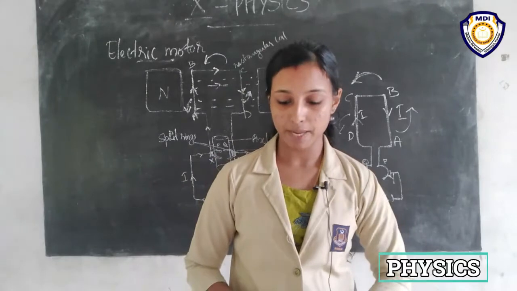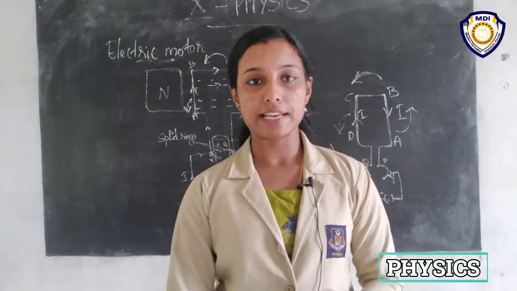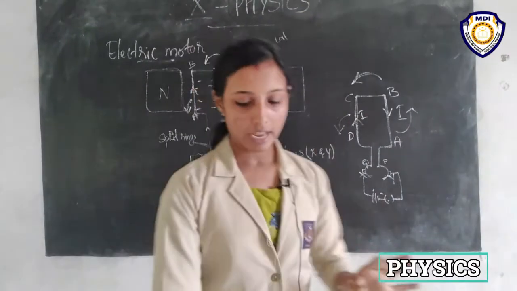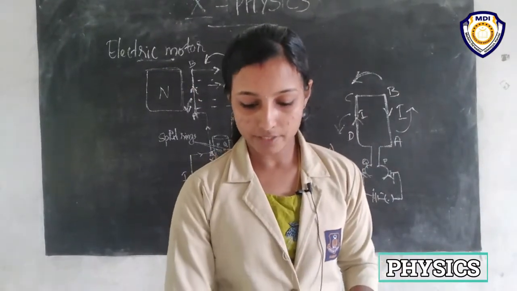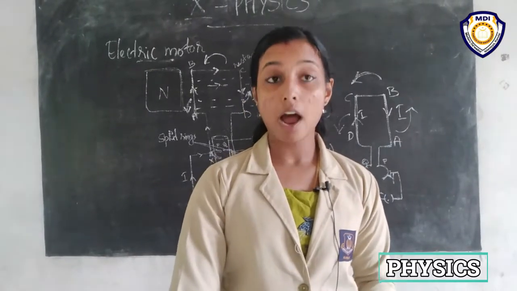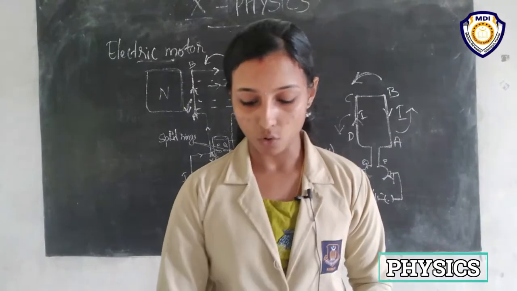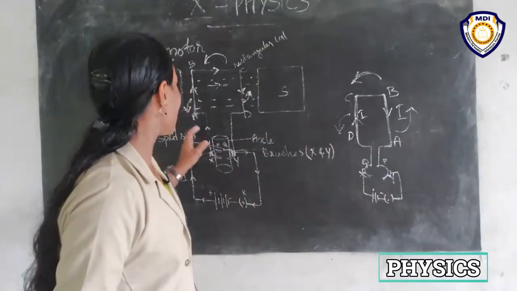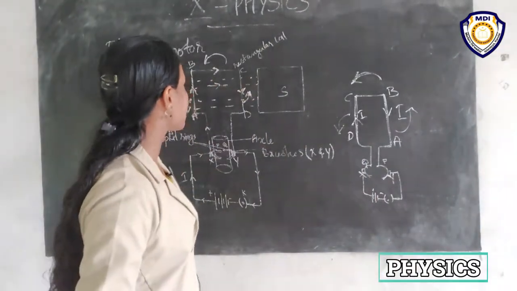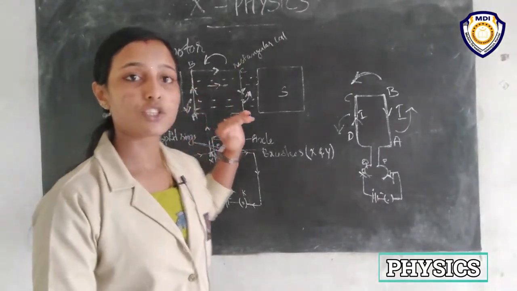The coil is placed between two poles of a magnetic field, that is north and south pole, such that arms AB and CD are perpendicular to the direction of the magnetic field. So the magnetic field is in this direction.